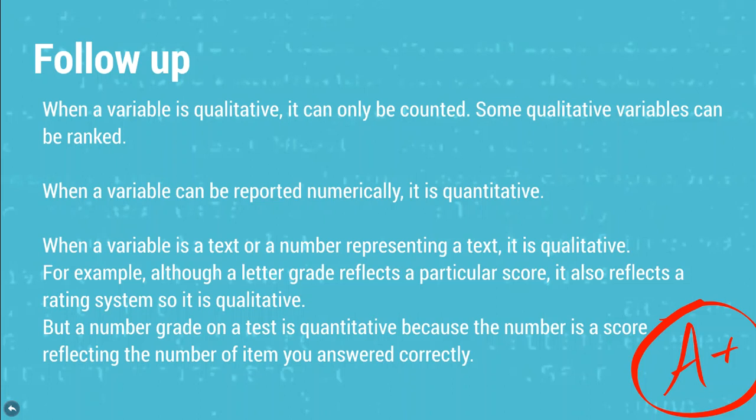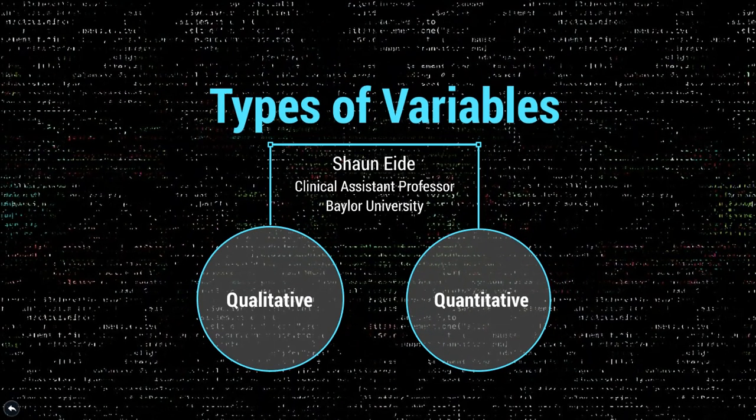And so it's a qualitative variable. But if I were to say I got a 95 on my exam, 95 is a numeric number that reflects the number of questions that I got correct. So that would be quantitative.